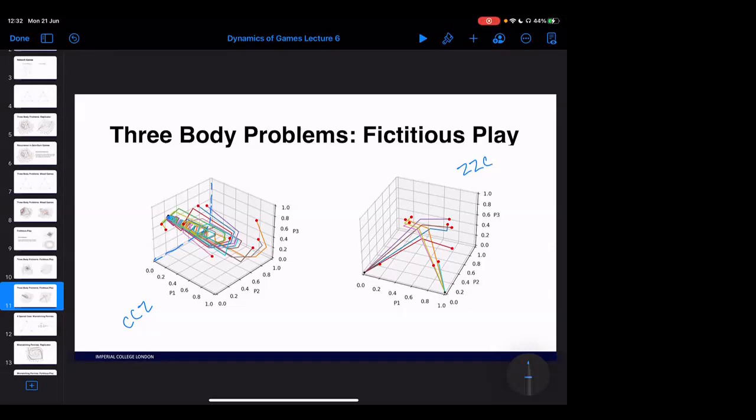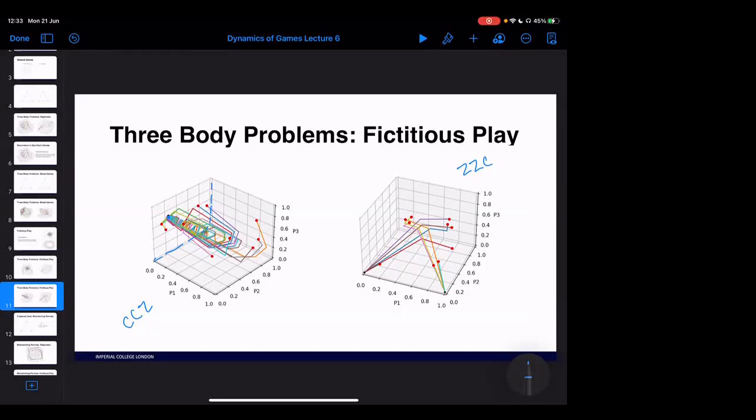And so we have this question of, well, is that going to be true of all 3-player networks? Or are there going to be some 3-player networks in which fictitious play doesn't converge? You know, so for example, in the case of 2-player games, it was thought that fictitious play was a natural way to reach a Nash equilibrium.